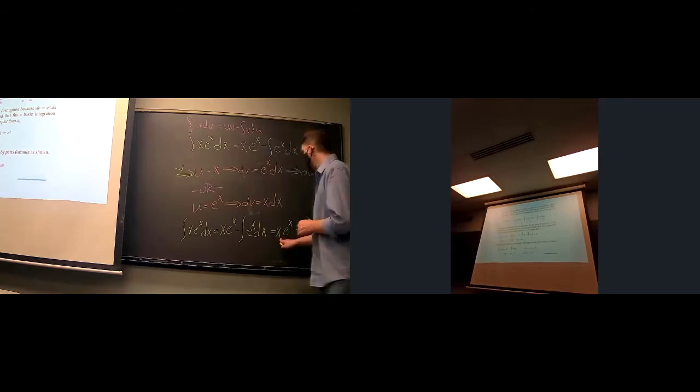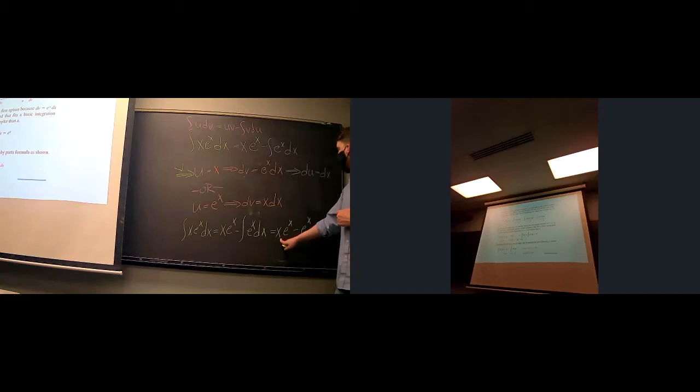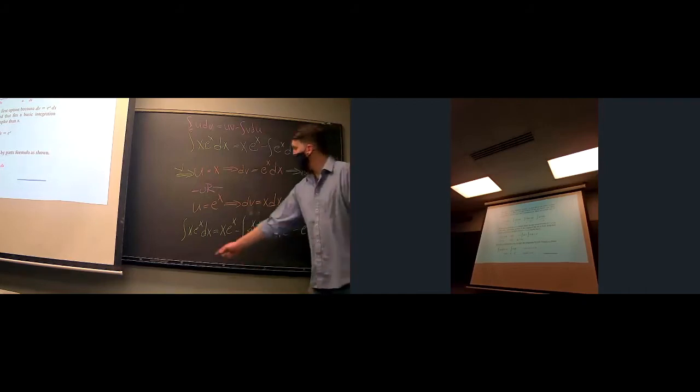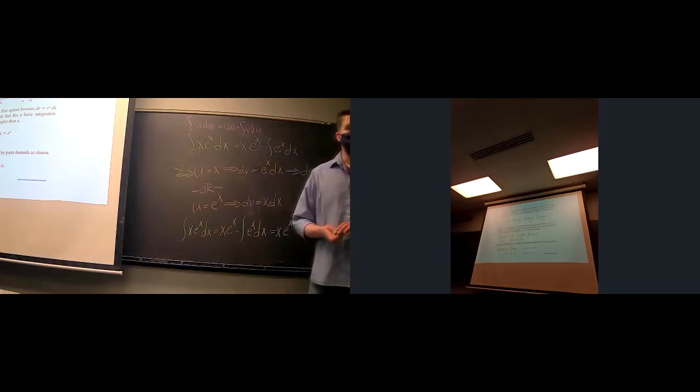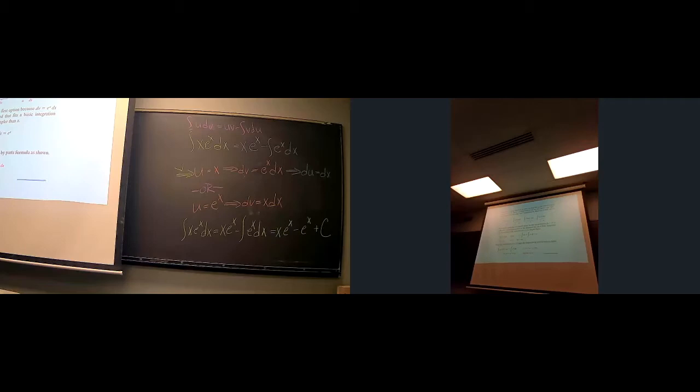Well, the product rule applies here, right? So we're going to get e^x plus x e^x minus e^x plus 0, because the derivative of a constant is 0. So after we take care of the cancellation, we're just going to be left with x e^x, which is what we were integrating. So we did in fact find our solution. Make sense?